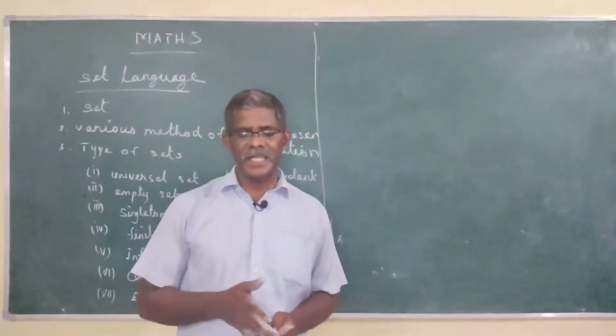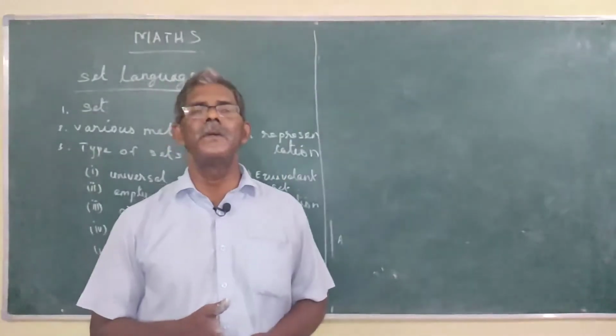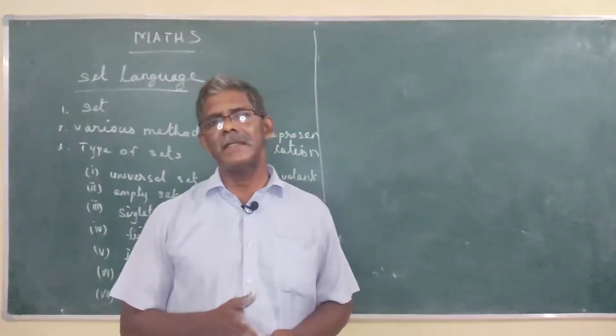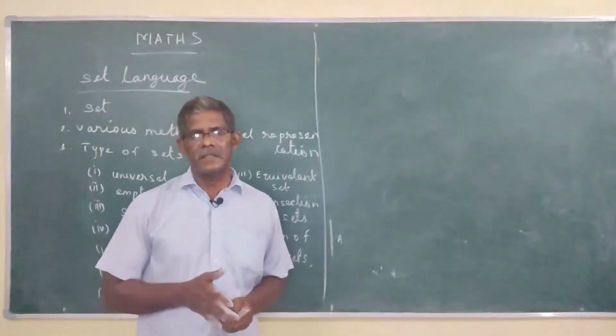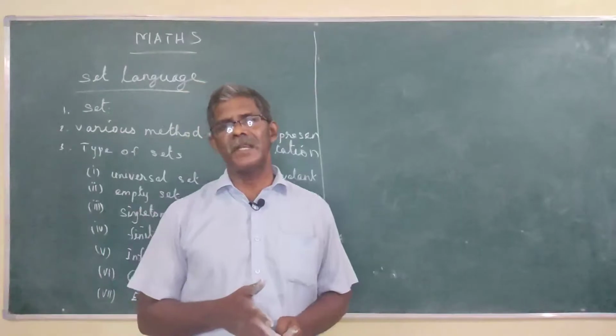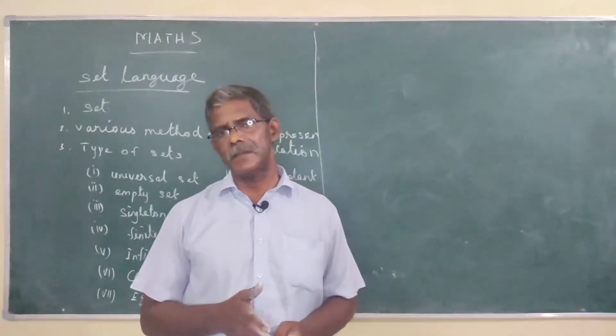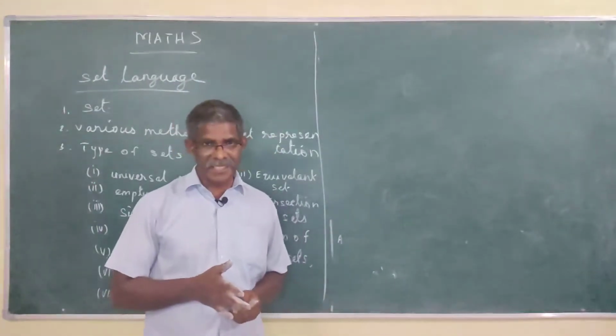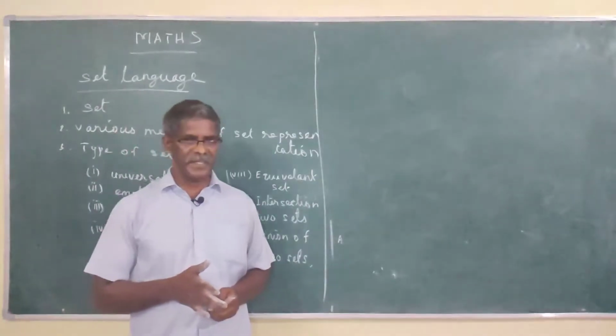In this way we are not able to separate the beautiful girls in 9D class, because we are not able to find out who is beautiful and who is not. So this is an example of not well defined.